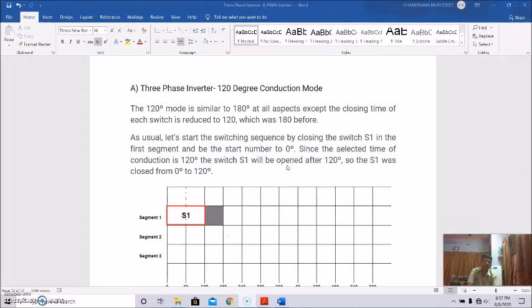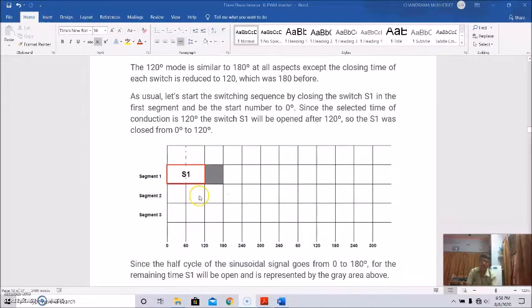By closing switch S1 in the first segment, starting at 0 degree, since the selected conduction time is 120 degrees, the switch S1 conducts up to 120 degrees and will be opened after 120 degrees, so H1 is closed from 0 to 120 degrees.